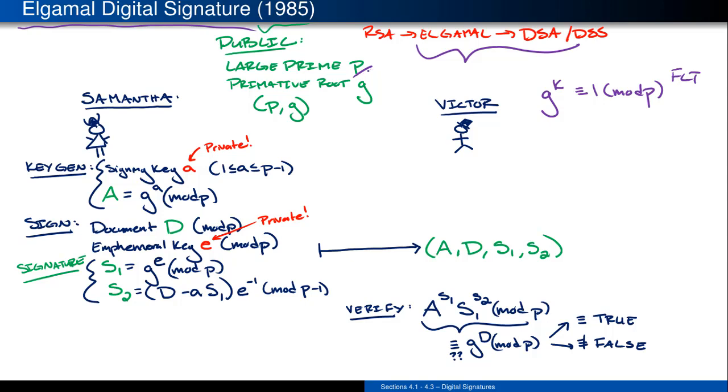Before any of that starts, some third party is going to release into the public this large prime P, whatever they want it to be, and one of these entries G that is a generator or primitive root modulo P. So Samantha and Victor and anybody else in the entire world knows what that pair of numbers is. Samantha, on the signing side, starts by generating this signing key.